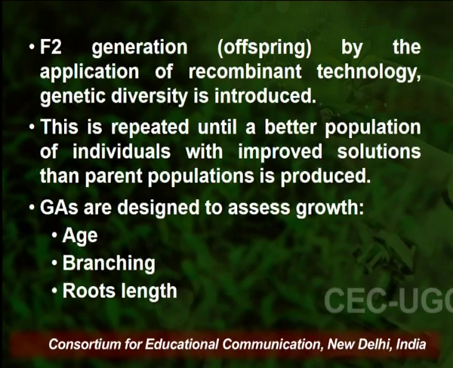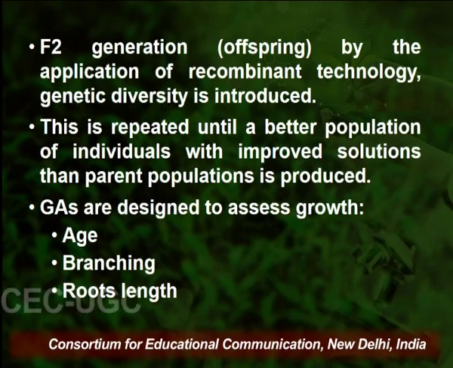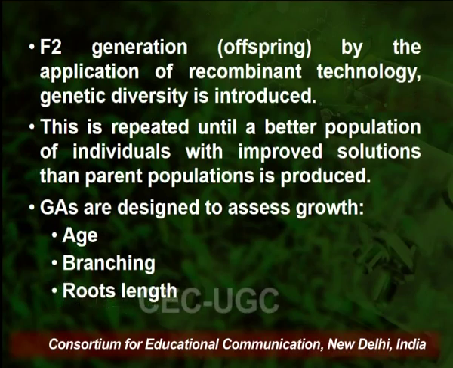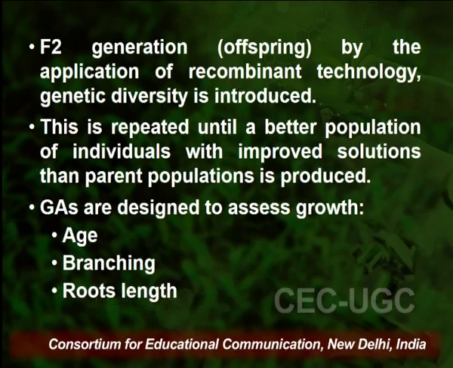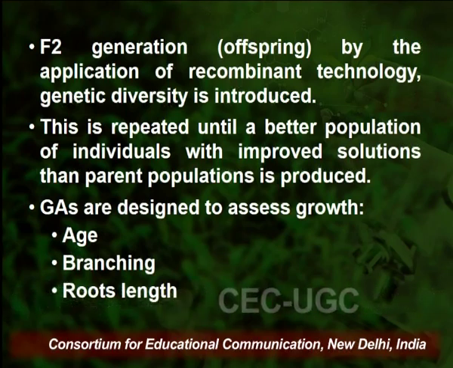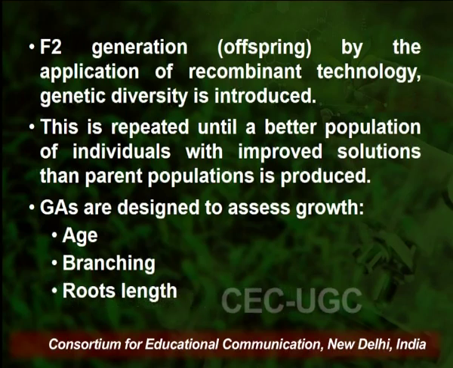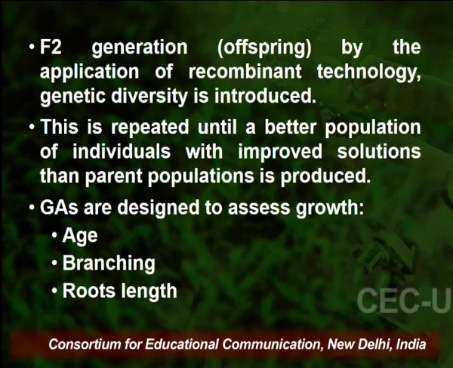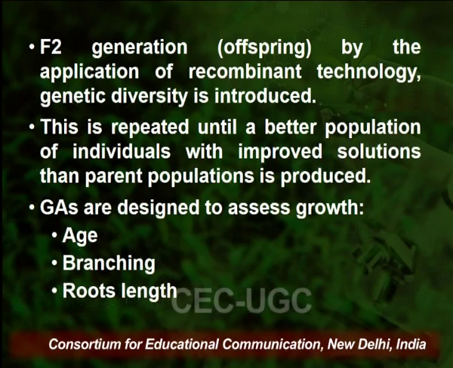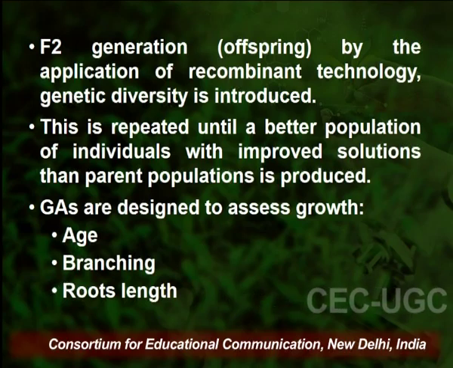Second, once the offsprings are produced, with the application of recombinant technology we introduce the desirable genes and genetic diversity. Now again these offsprings are allowed to grow, and over a period different generations are produced, and this process is continued until a better population of individuals with improved characters over the parent populations is produced.